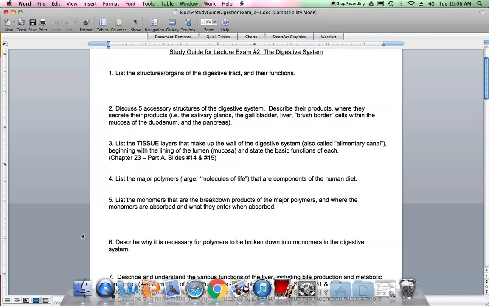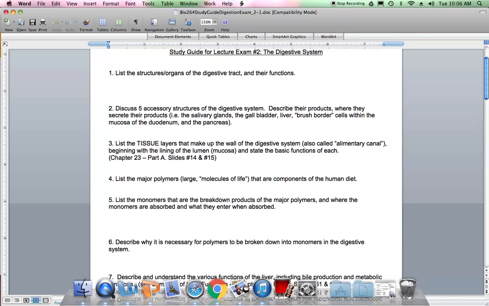Now keep in mind that these big polymers cannot get through the mucosa. They can't get through the cells and into the bloodstream. So they need to be broken down through what we call digestion. There are many, many enzymes that are specific for each of the polymers and even parts of the polymers.